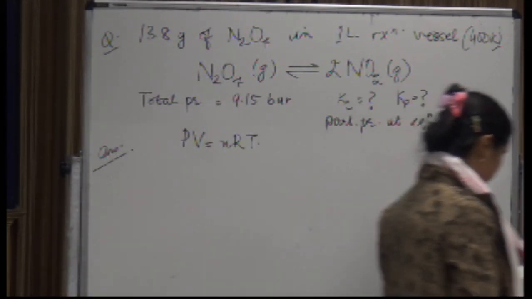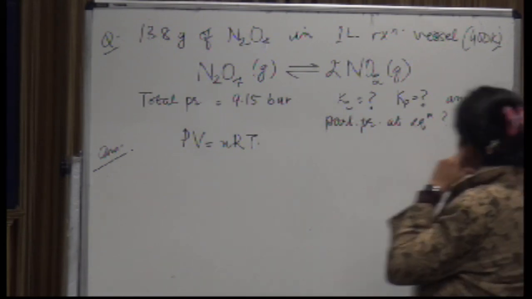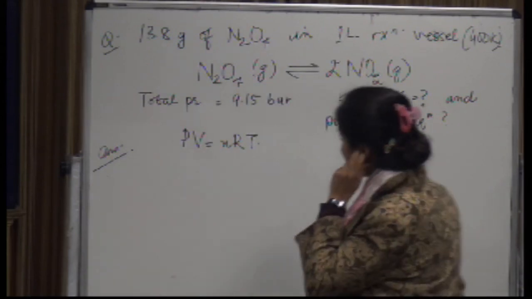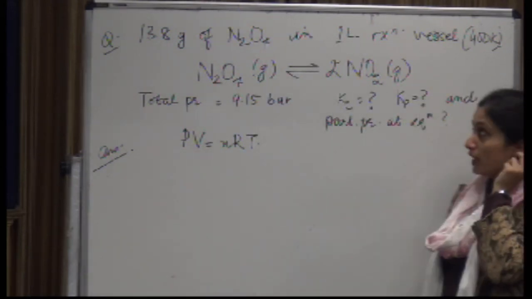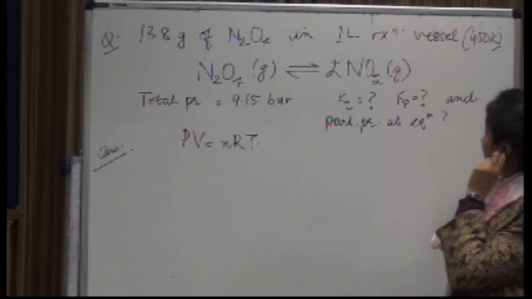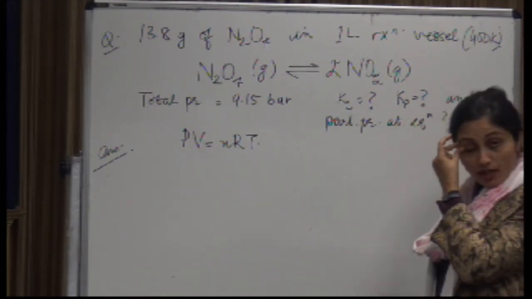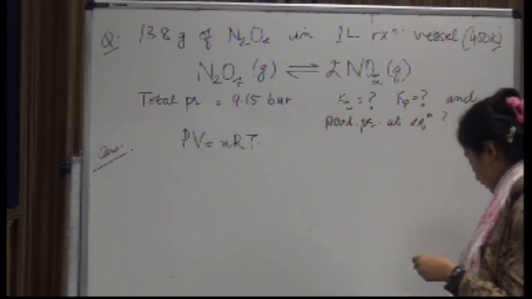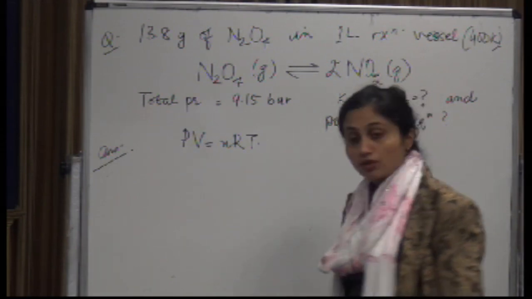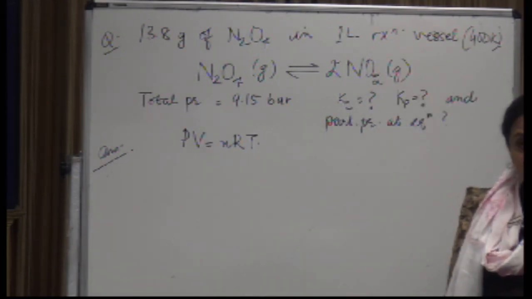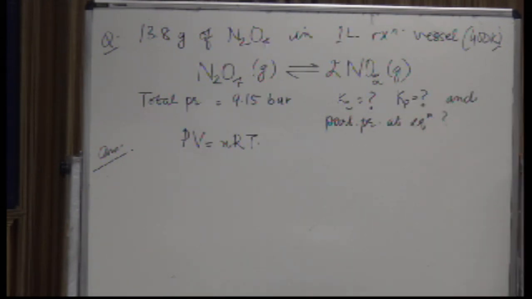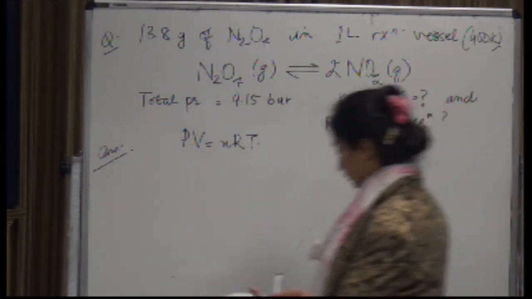I repeat the question: you have 13.8 grams of N2O4 in a 1 liter reaction vessel. After some time it attains equilibrium, and the total pressure is given to be 9.15 bars. Now you have to calculate Kc, Kp and the partial pressures at equilibrium.